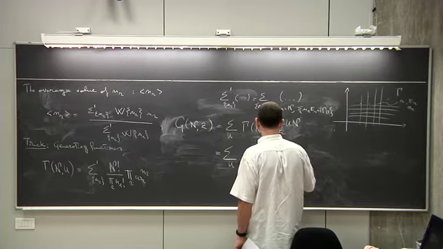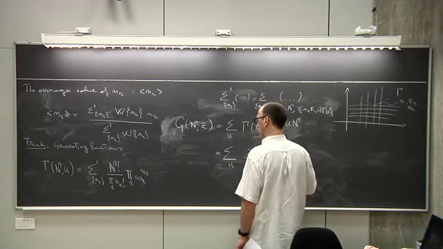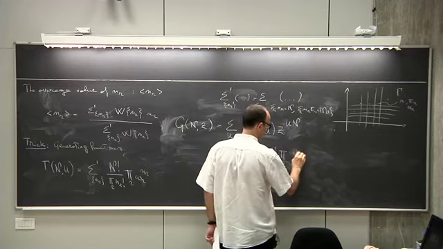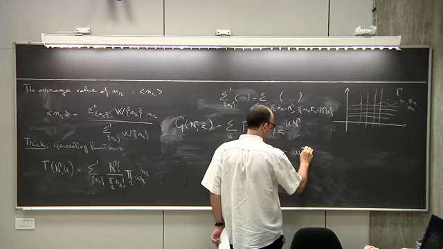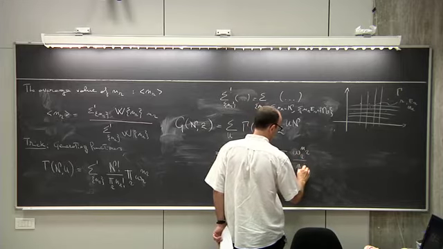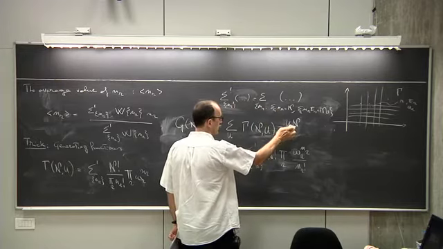And now I have the product over r of omega_r to the n_r divided by n_r factorial. And here I should multiply by z to the u times n.